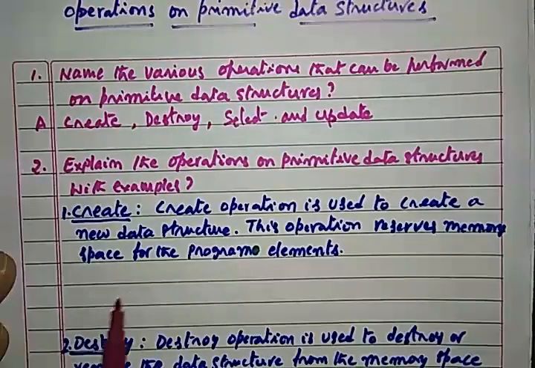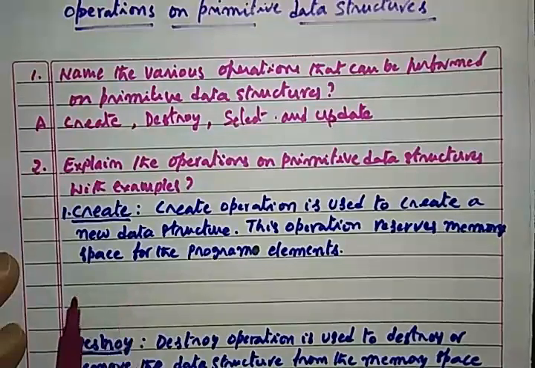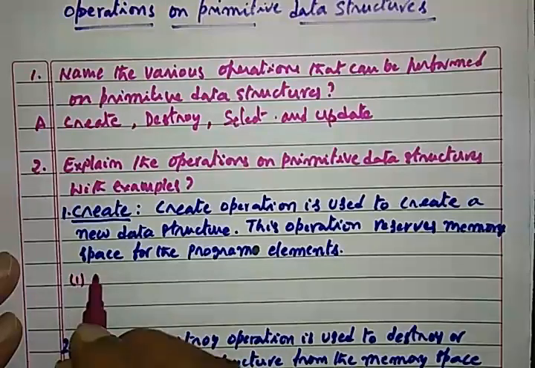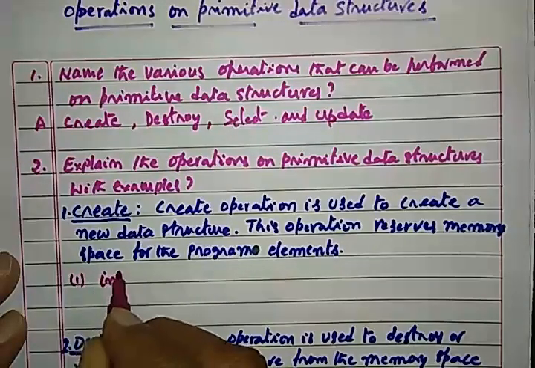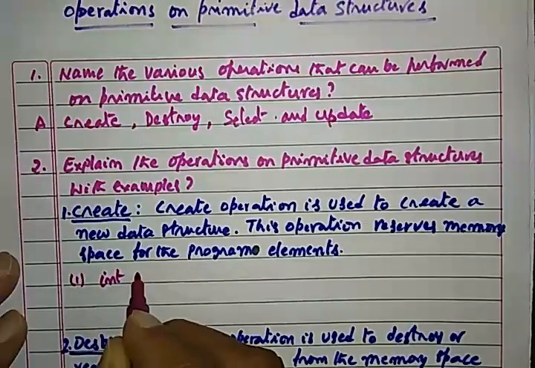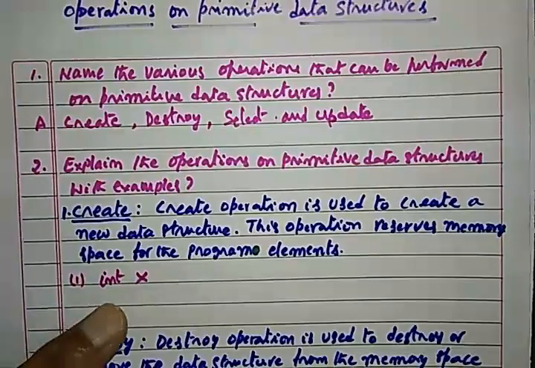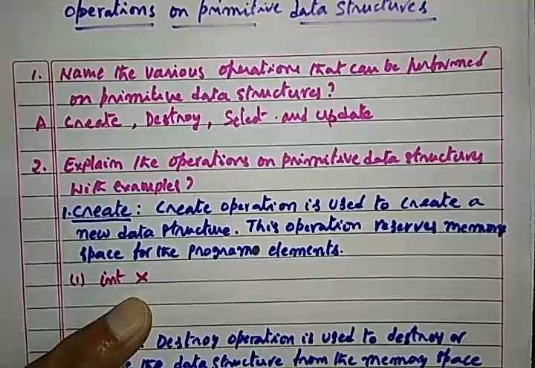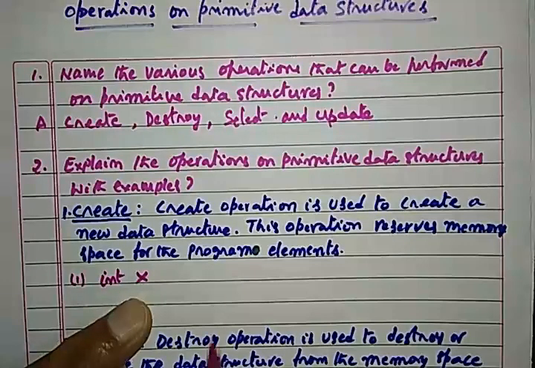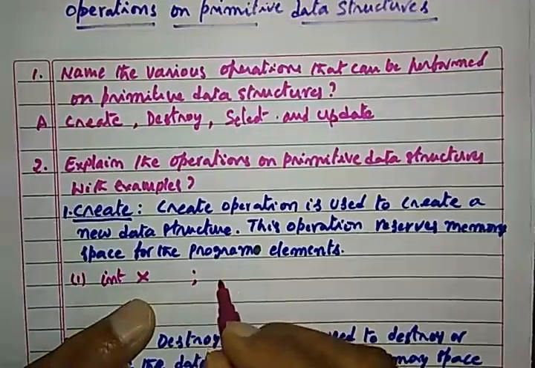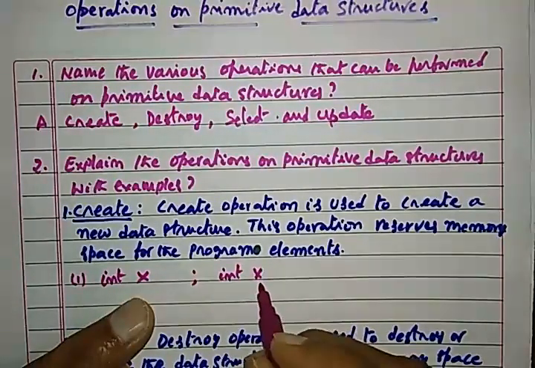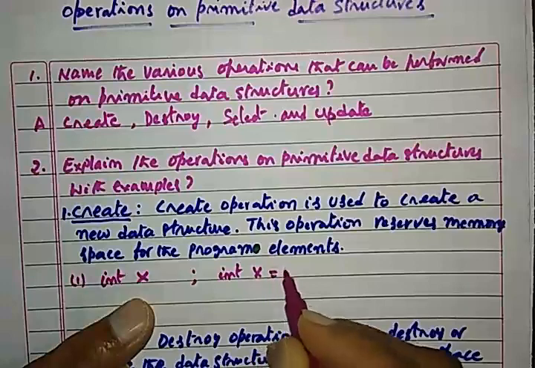Okay. I will give 3 examples for this. See, the first example is, say I can define like this: integer x, it is a variable. Or I can define a variable with some value.